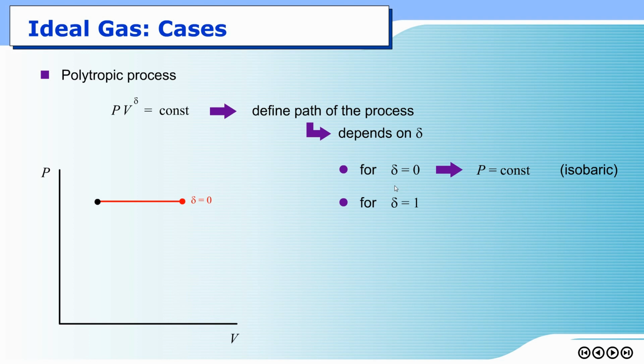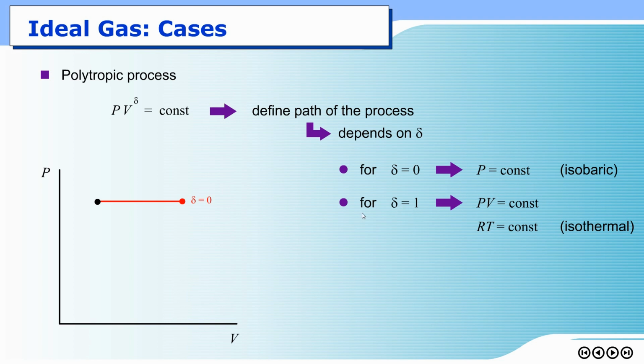If delta is 1, then you get PV equal to constant, or RT equal to constant, because PV can be converted to RT using the ideal gas law. In other words, temperature is constant. It is isothermal condition. So from these two, you can see that the generic form of polytropic process can describe both, depending on what the value of delta would be.